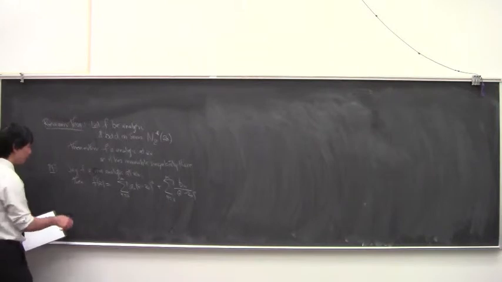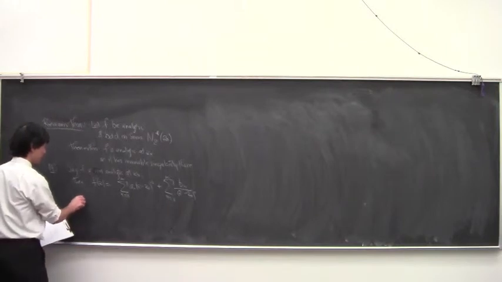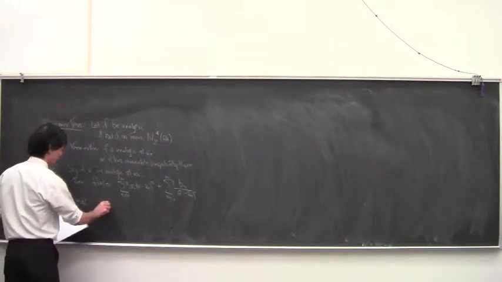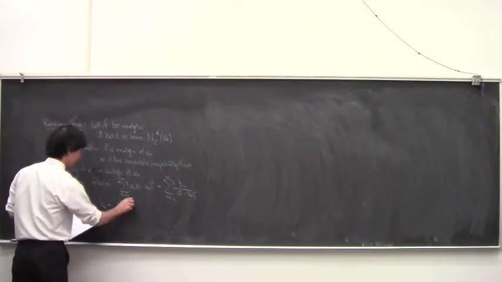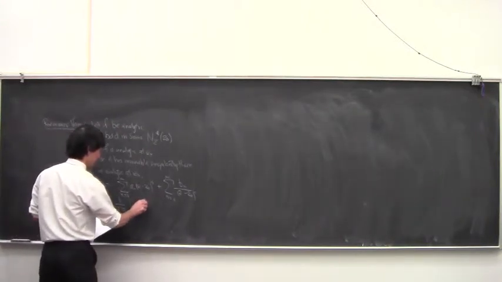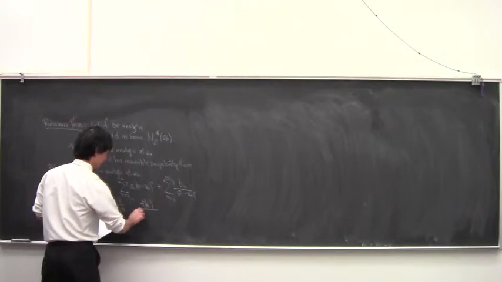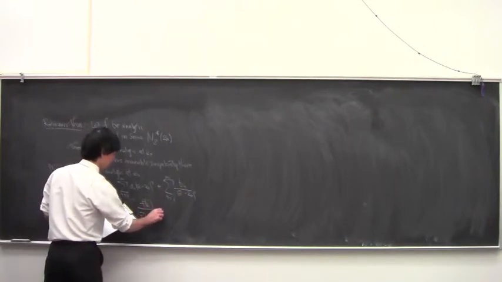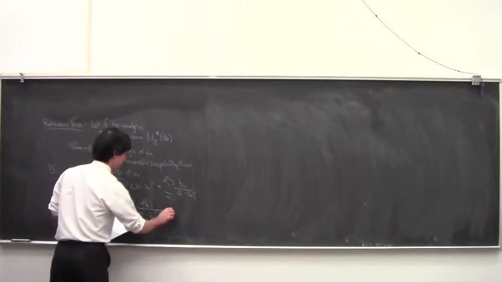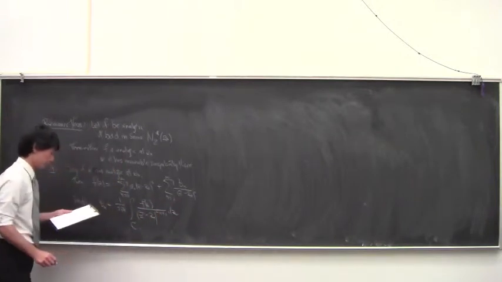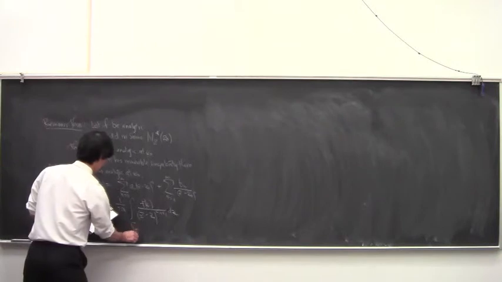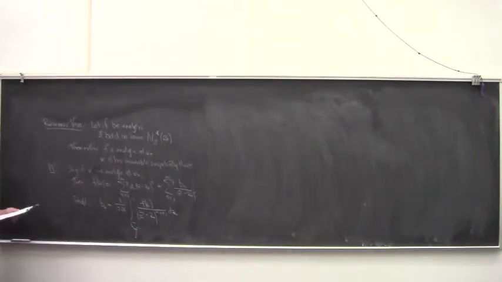So let's recall what these b sub n are. The b_n are just these integrals of f of z over (z minus z naught) to the negative n plus 1 dz over C_rho, where rho is the radius.